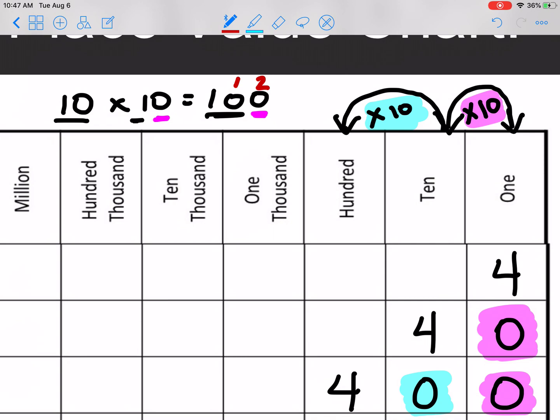Well, look at how many jumps I made to go from the ones place to the hundreds place. 1, 2. So basically, every time you move through the place value chart, you're moving times 10, which is a power of 10.